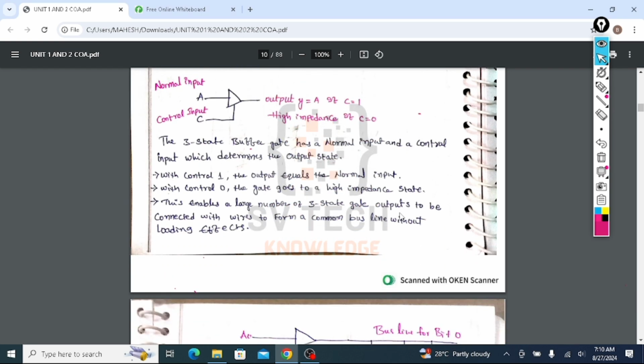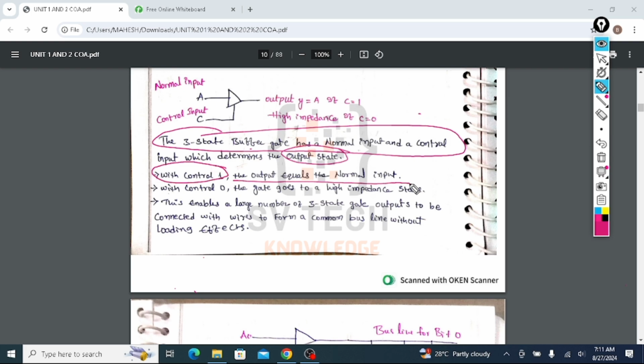Here we can see the 3-state buffer in detail. The 3-state buffer gate has a normal input and a control input which determines the output state. With control input 1, the output is equal to the normal input.